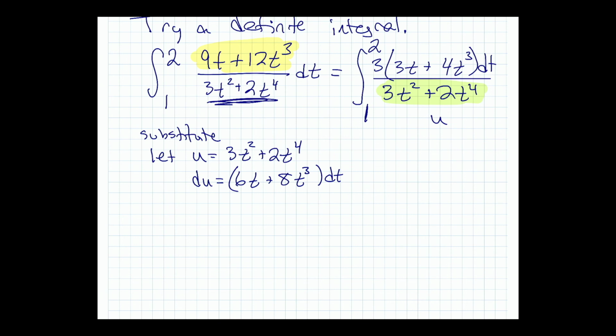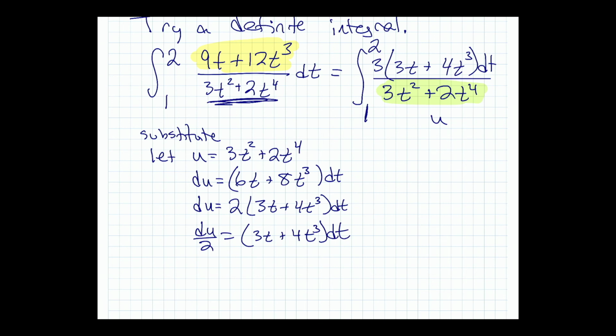dt. And like before, to make the numbers work out, we want to factor out whatever we can here as well. So I see a 6 and an 8, and I can take out a 2 and get 3t plus 4t cubed dt. Divide that 2 over, you get du over 2 equals 3t plus 4t cubed dt.